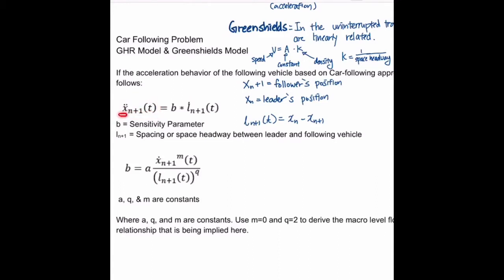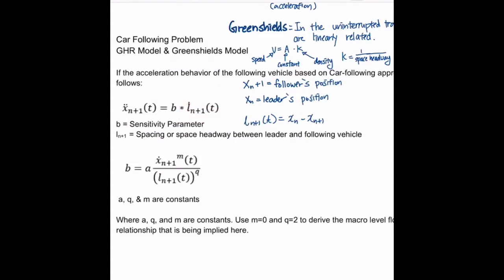So the follower's reaction is equal to B, which is a sensitivity parameter, times the derivative of I. I is the space headway between the leader and the following vehicle, but because this is the derivative of I, it's the relative speed with respect to time t.